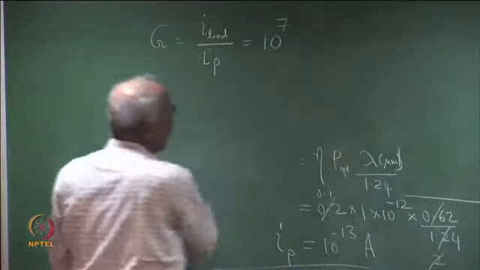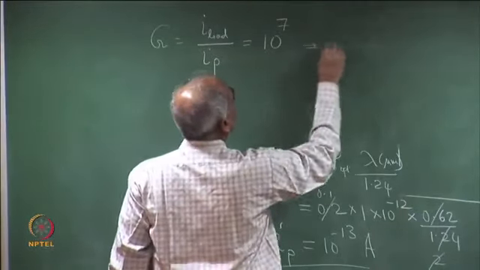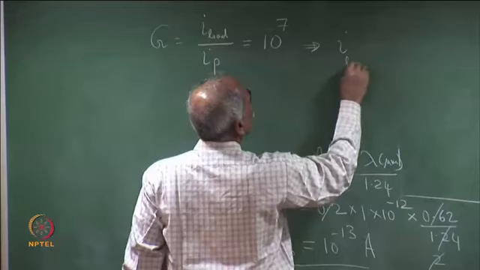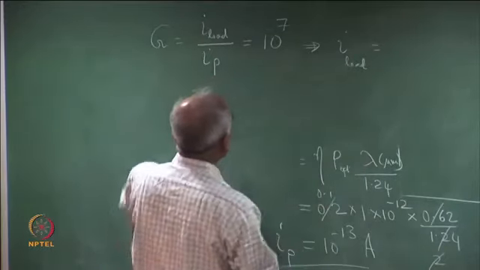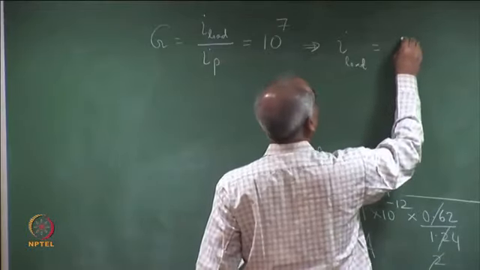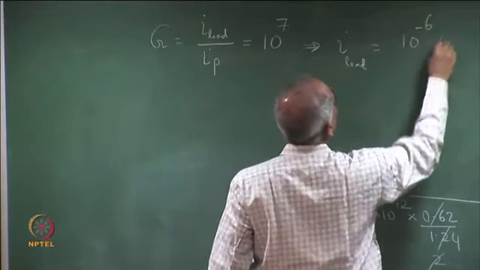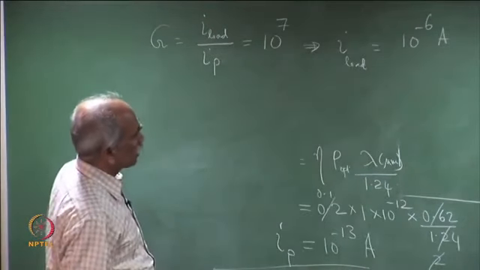Therefore, I load is equal to Ip, which is 10 to the power of minus 13, times 10 to the power of 7. So this is simply 10 power minus 6 amperes. I load is equal to 10 power minus 6 amperes.